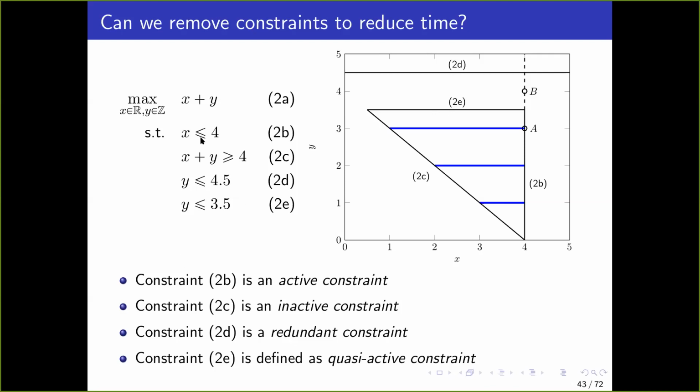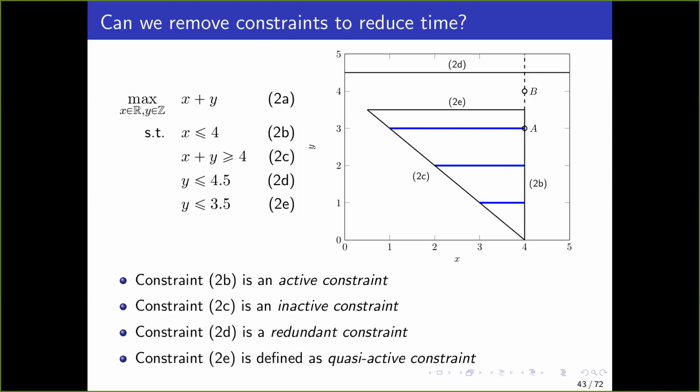We have 4 constraints also plotted in the figure. Since y is an integer variable, the only feasible points are the blue lines here, and since we want to be as up and right as possible, A is the optimum of this problem.